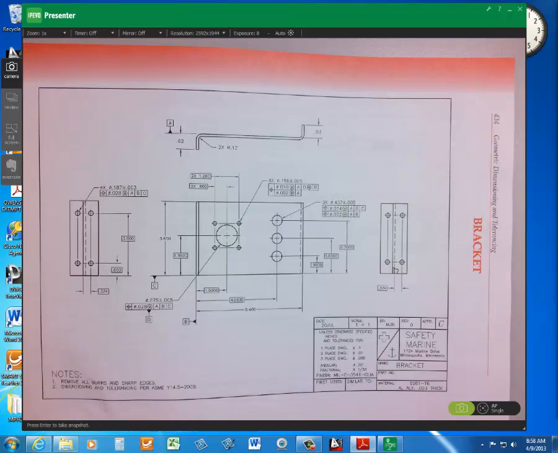So the number of zeros in the decimal inch system should give you pause, make your antennae go up.